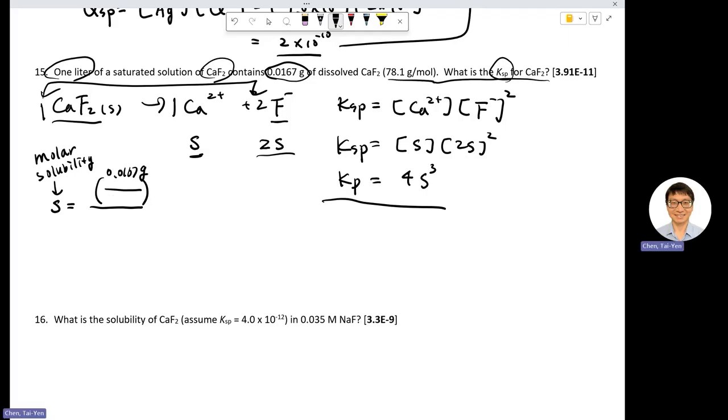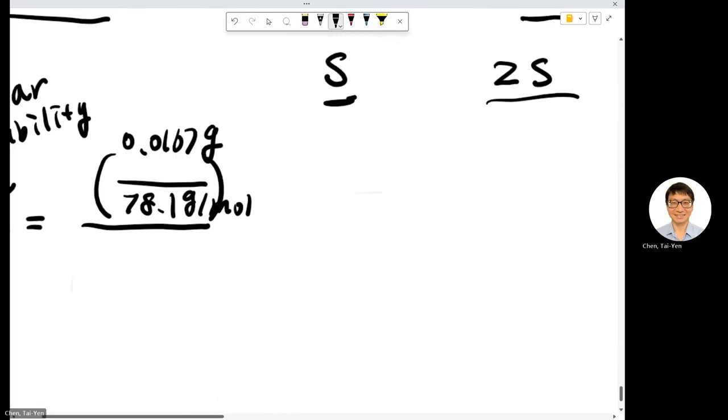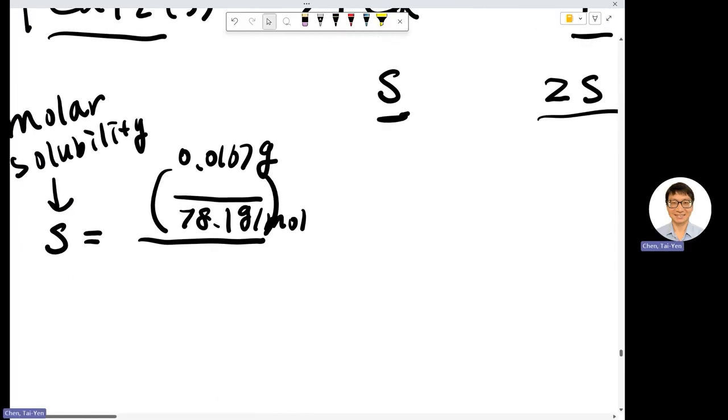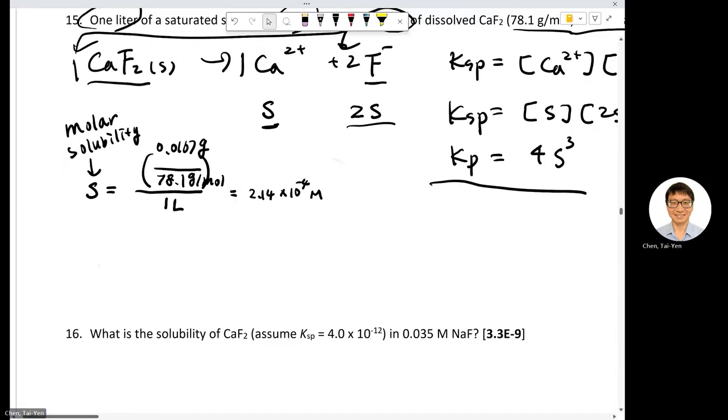The molecular weight is 78.1 gram per mole. Okay, so when you do this operation, you get the moles of CaF2 dissolved inside your solution. Okay, and it also tells you all this dissolved in 1 liter of the solution, right? Therefore, you know the volume is 1. When you do these calculations, you can figure out your S is going to equal 2.14 times 10 to the negative 4. Okay, so that is your solubility.